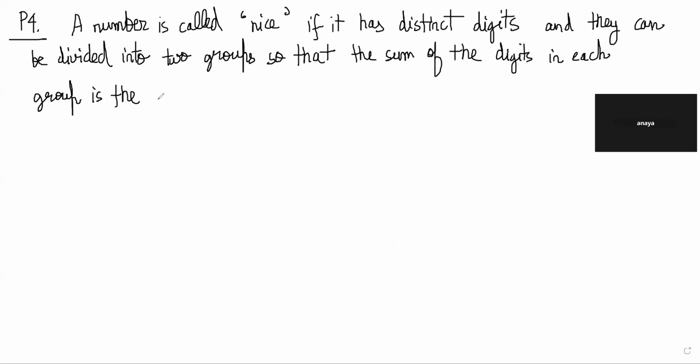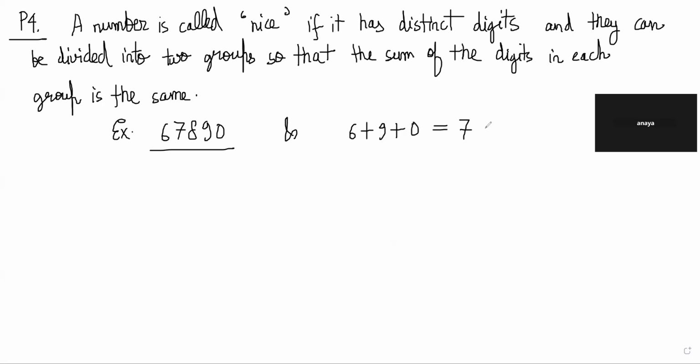For example, the number 67890 is a nice number because all the digits are distinct and 6 plus 9 plus 0 is equal to 7 plus 8.